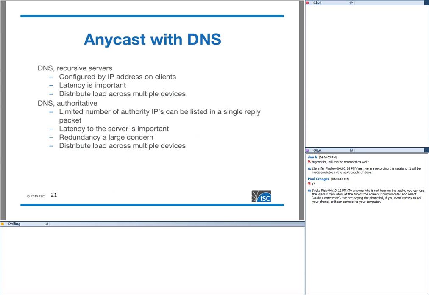So, Anycasting with DNS. You can do either recursive or authoritative or both. And there are a number of benefits that are similar to both methods. So obviously, if you're able to distribute Anycasted nodes across a geographic area, like across the world, you're going to reduce your latency to those services.